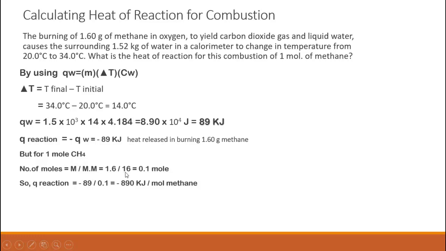So 1.6 divided by 16 equals 0.1 moles. So the heat of reaction will equal minus 89 divided by 0.1, equal to minus 890 kilojoules per mole of methane. So now we just replace the given numbers in our problem by using the equation that the heat of water equals mass delta T times the specific heat of water.